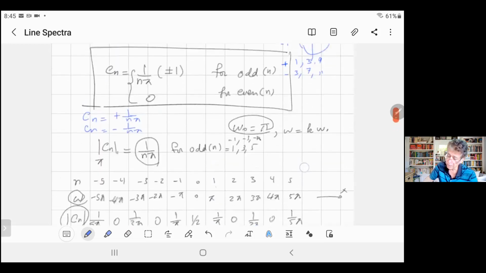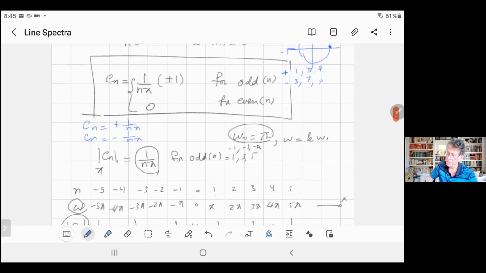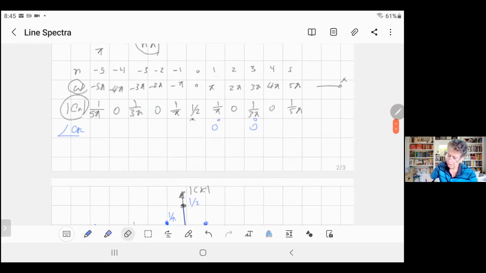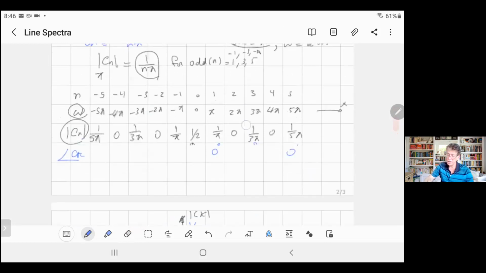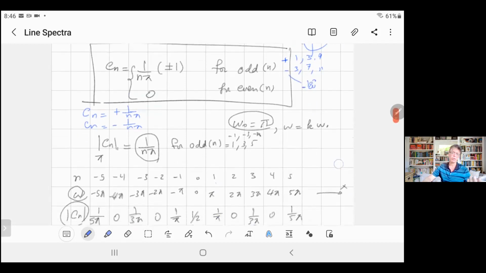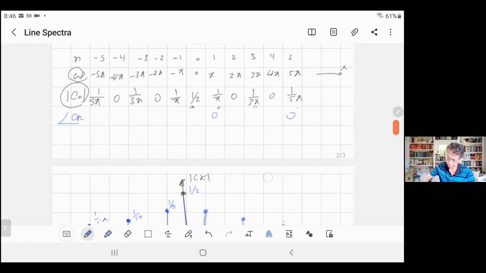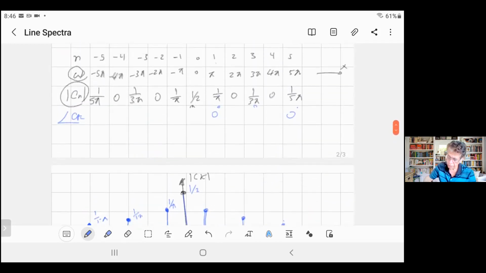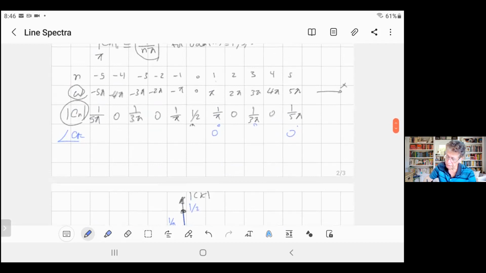The negative value I'm getting at the third and the seventh, which means the angle will be minus 180 degrees. You could also put it plus 180 degrees, that's okay. So for the third and the seventh, that will be minus 180 degrees. The seventh is far, so I don't have to include it.